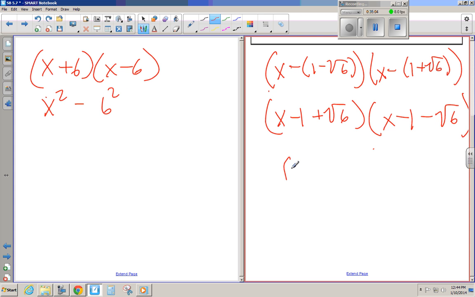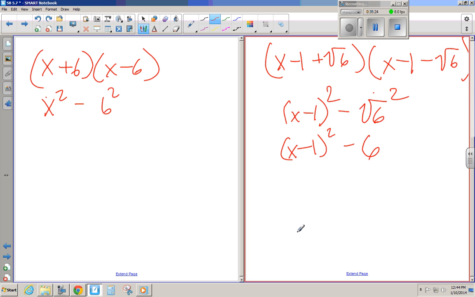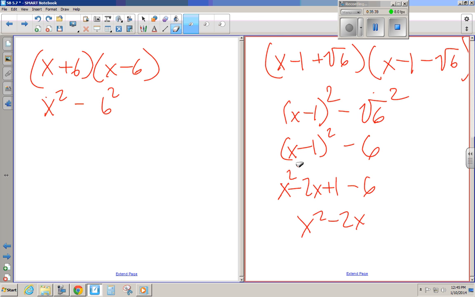So here it's x minus 1 squared minus square root 6 squared. So there's part of your equation.